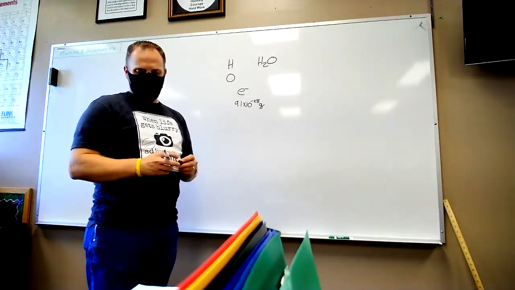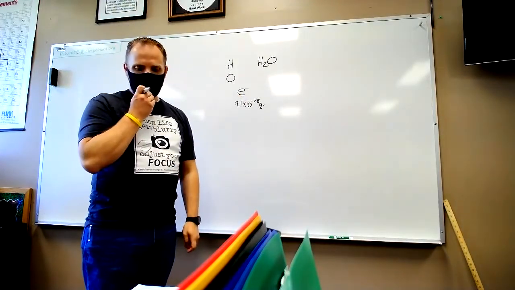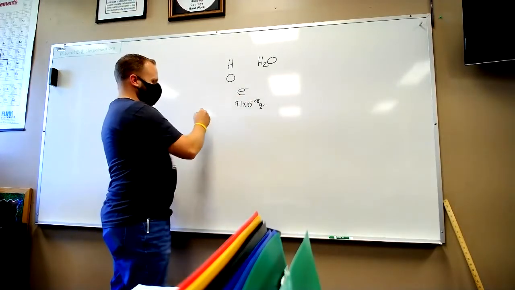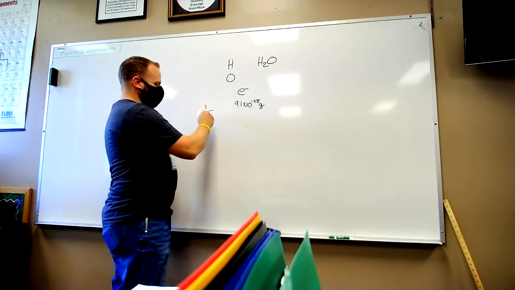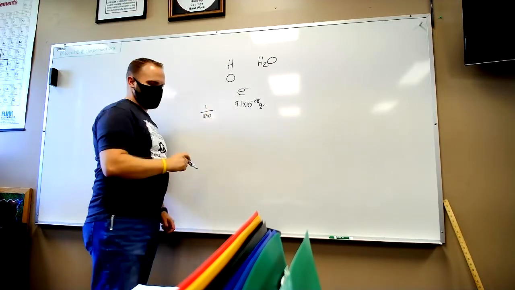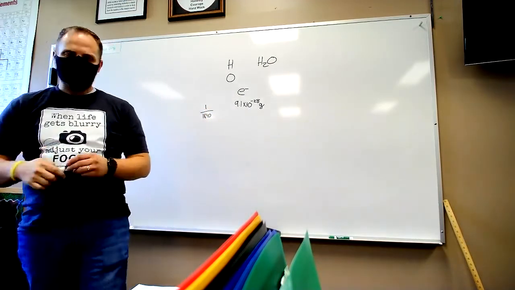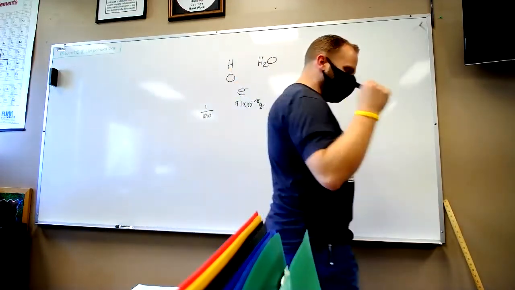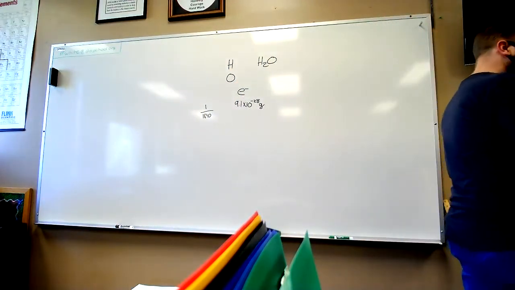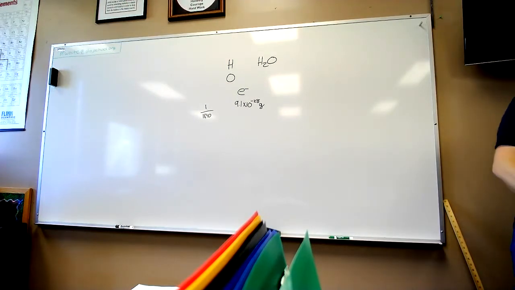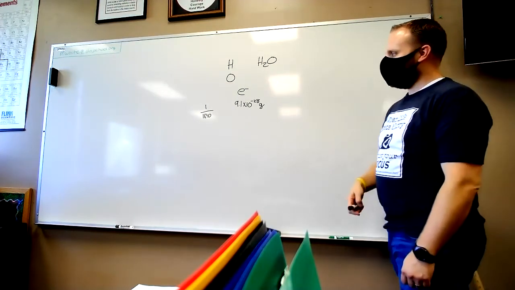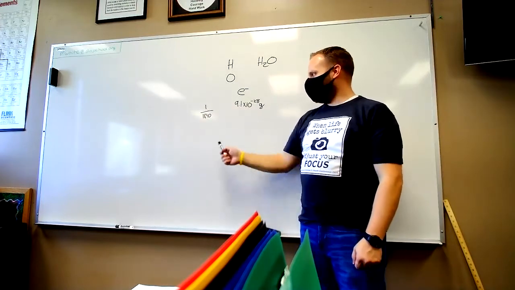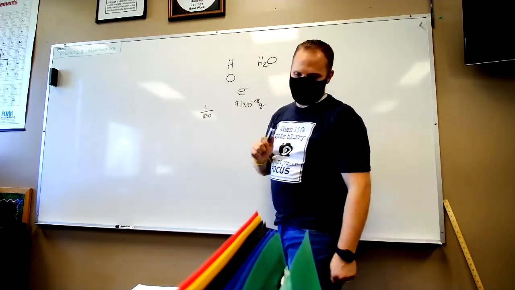Which actually works out: we knew the mass of a hydrogen atom, and the electron is about 1 over 1,840 times the mass of a hydrogen atom. Before this, the smallest thing that we knew existed was a hydrogen atom. But now we have experimentally determined that we have something much, much smaller.